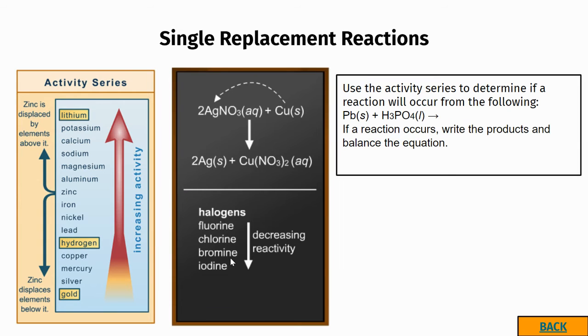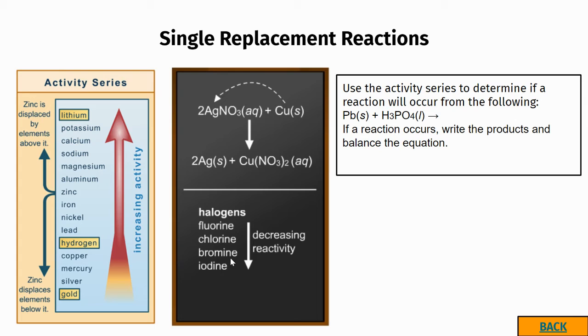Okay. And then here, I want you guys to work through this problem. You have your activity series for metals and nonmetals. You need to use them and then look at this reaction. You have lead reacting with phosphoric acid. That's H3PO4. So lead reacts with phosphoric acid.